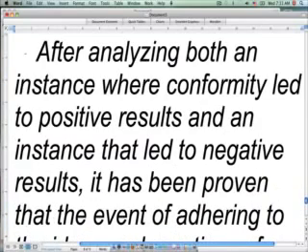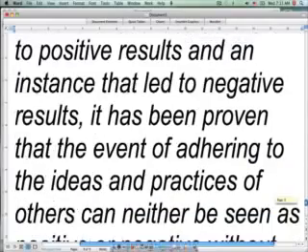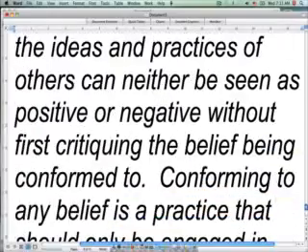After analyzing both an instance where conformity led to positive results and an instance that led to negative results, it has been proven that the event of adhering to the ideas and practices of others can neither be seen as positive or negative without first critiquing the belief being conformed to.